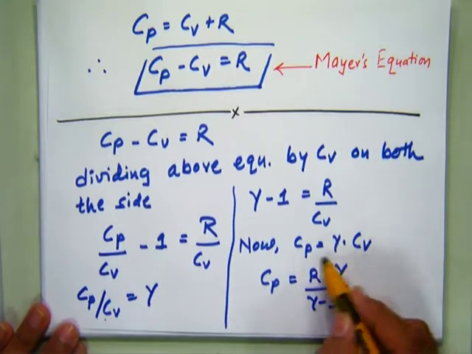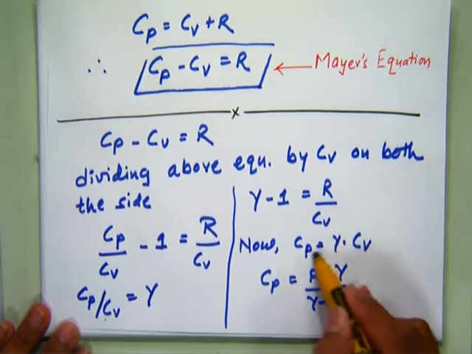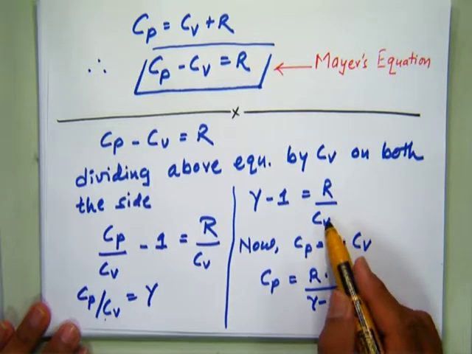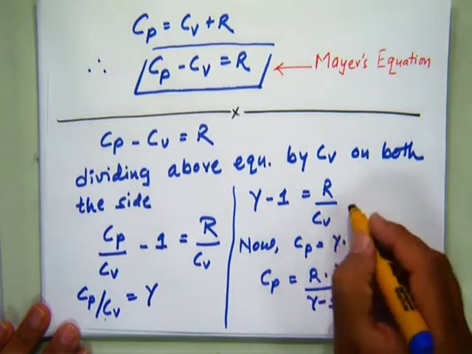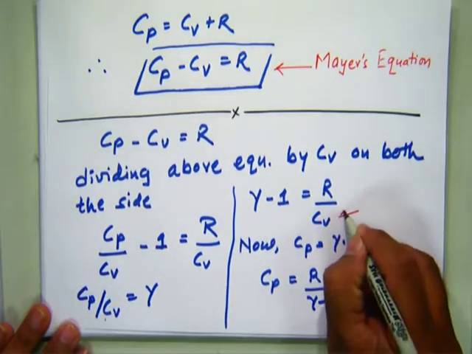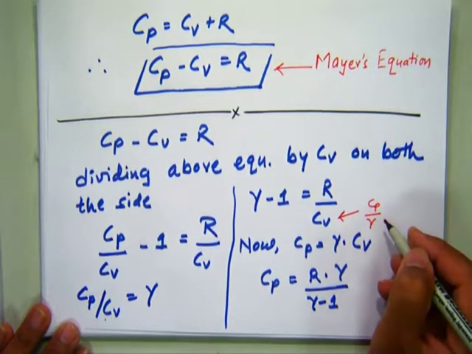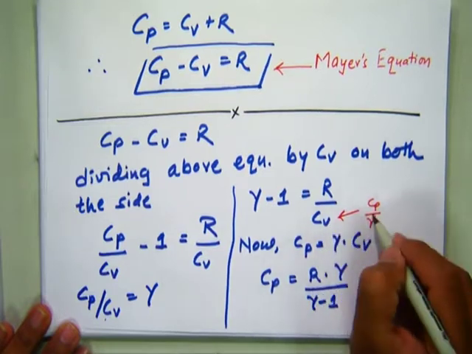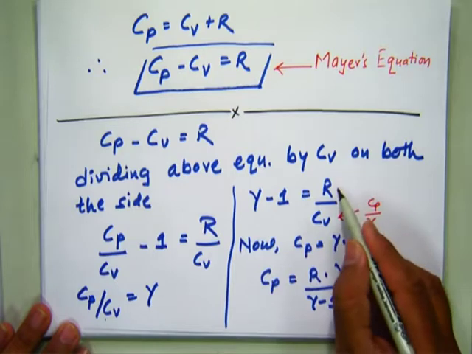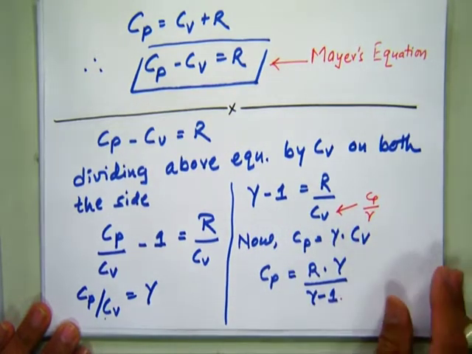Since Cp is equal to gamma into Cv, you can put, instead of Cv, Cp upon gamma. If you put here this Cv is equal to Cp upon gamma, then from there Cp goes this side, gamma goes in the numerator, and gamma minus 1 is the denominator.